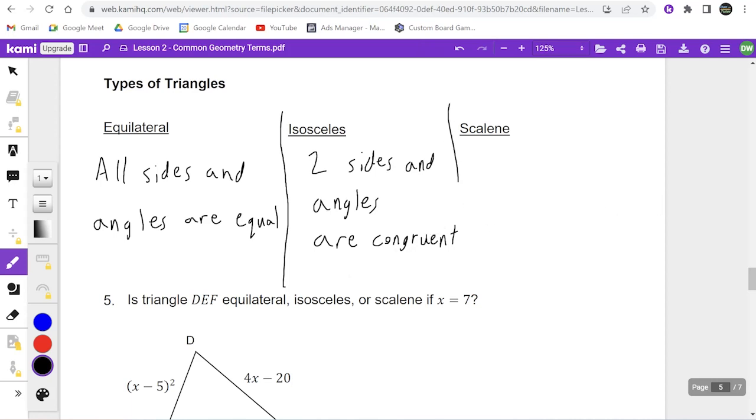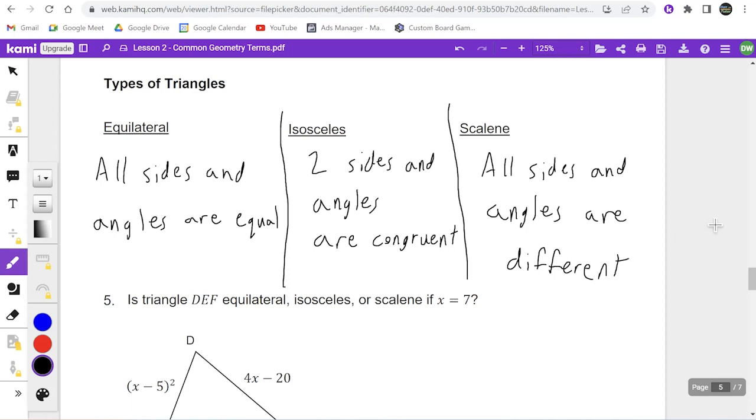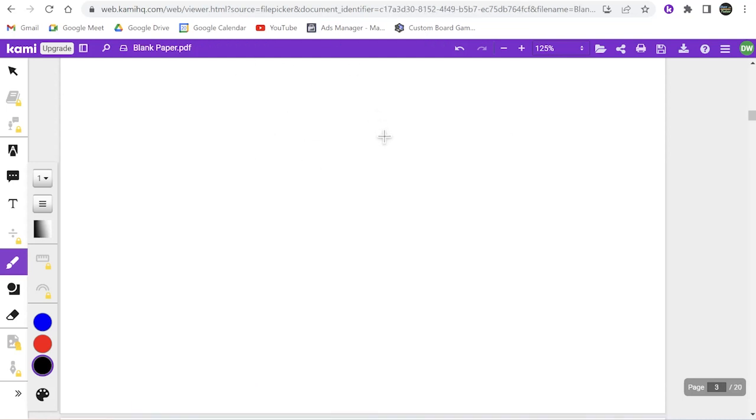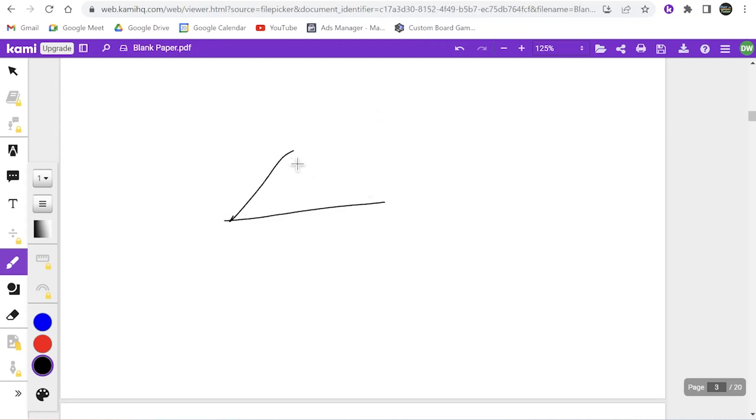And then the final one, scalene, maybe you remember. This is where all sides and angles are different. Now, how would I represent that in the picture? I'll show you. So here's my scalene triangle.